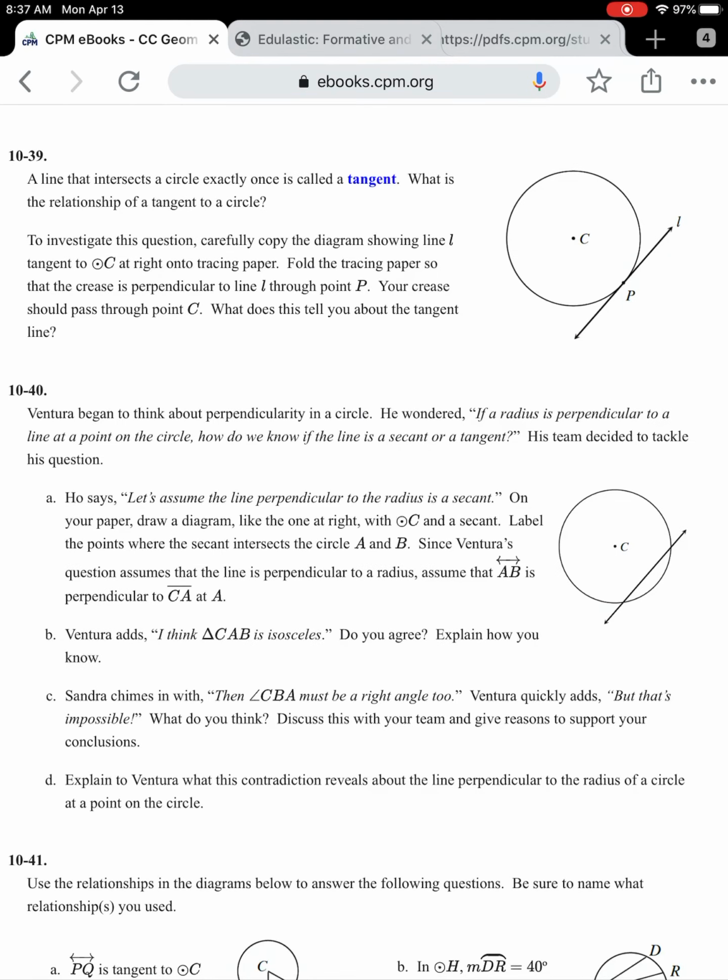1040 kind of goes through a nice proof about why that can't be true for secant lines.